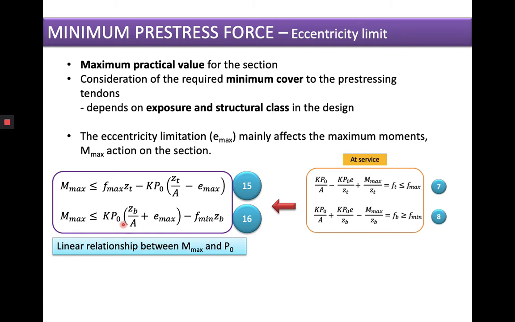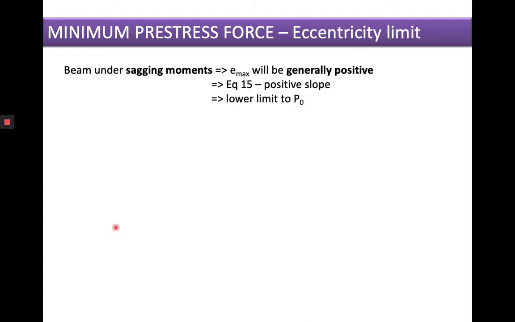From this equation, M maximum is representing the Y value, and the P naught value is representing the X value in a linear graph. We can see it in the next slide. Later I will show you the graph with regards to equations 15 and 16.